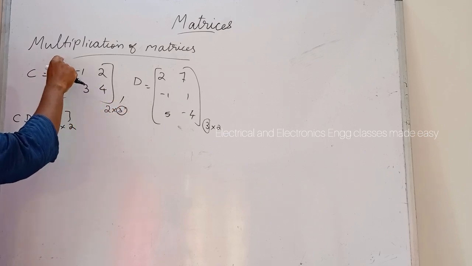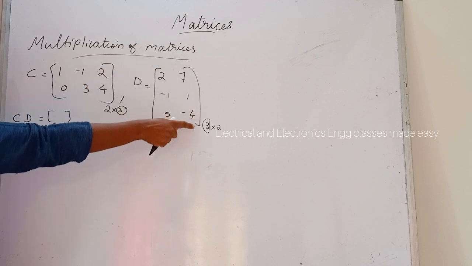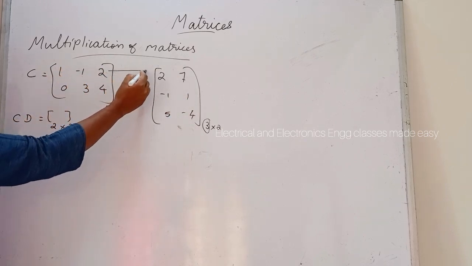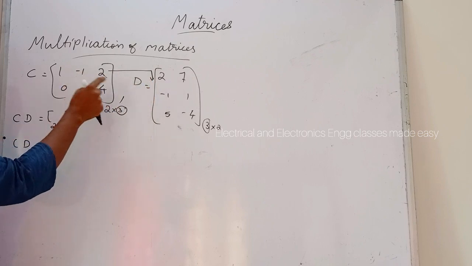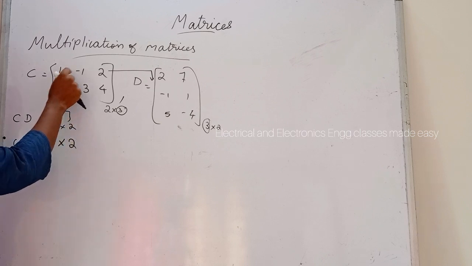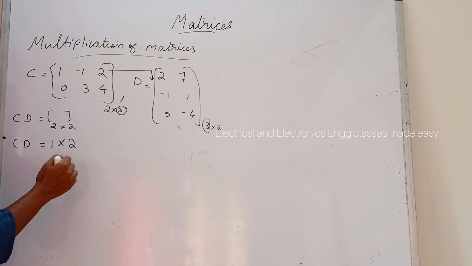Also, again multiply this row with the second column. That is, if we take the first row and first column, then we will get 1 into 2, that is, multiply each corresponding element and take the sum.